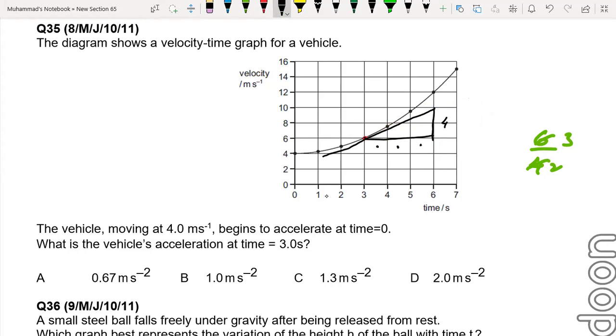And over here it is 3. 4 by 3. It's around 1 point something. So it is closer to 1. So that's why B is the correct answer. So be careful about these type of calculations.